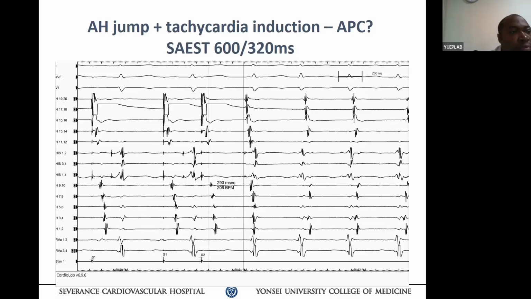If it indeed was AVNRT, what would you say? This is what Japanese investigators called the superior anterior AV node pathway. There's a slow pathway in the anterior AV node. You know that we talked about a little bit. It looks like this. Okay? Because the high atrial septal area becomes earlier than CS.